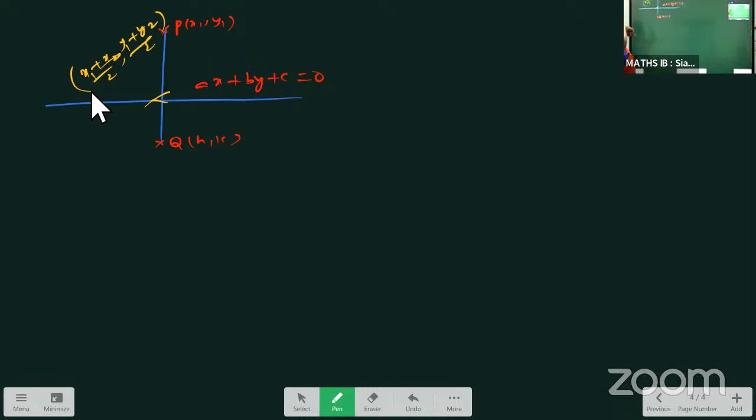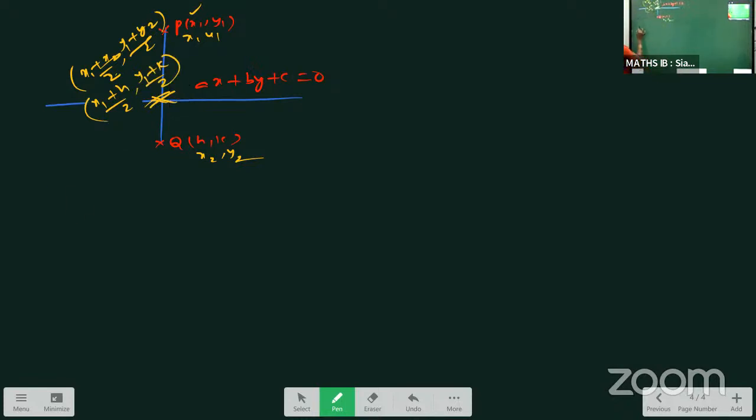Whatever I am writing, you write the same thing in your notebooks, then only you can remember that. So this is your x1 y1 and this is your x2 y2. So what will come here? x1 plus x2 by 2 means h plus x1 by 2 comma y1 plus k by 2.